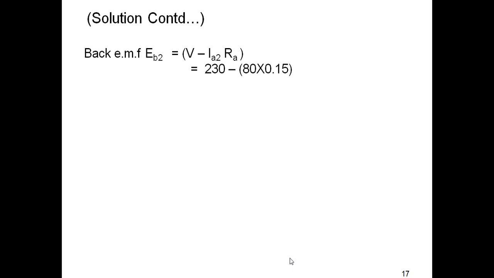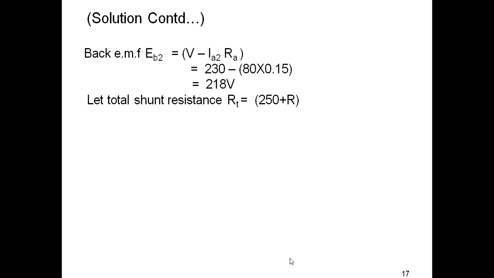We substitute the various values, we get 230 minus 80 into 0.15. We get the answer as 218 volts. This is nothing but the EB2 value.